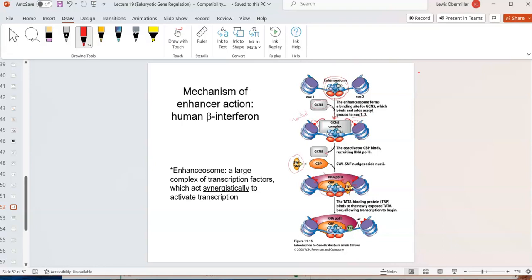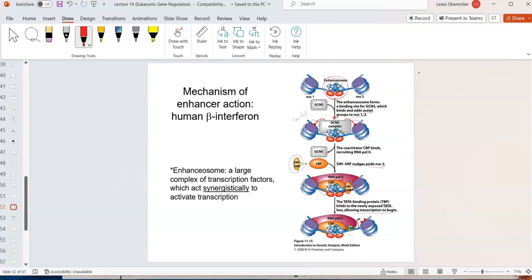And once it does that, it's nudging aside the nucleosomes, and now the TATA binding protein can bind to the newly exposed TATA box, and that allows transcription to begin.